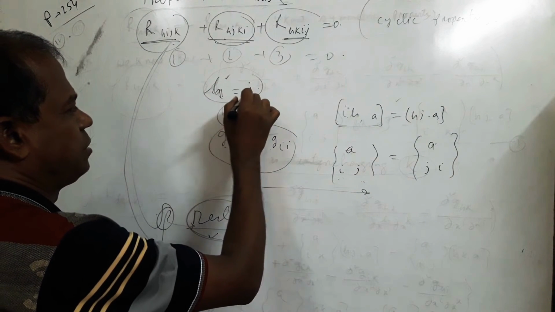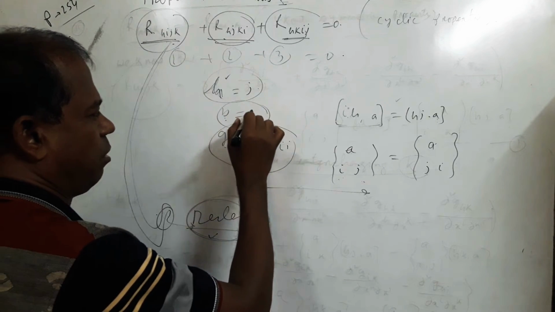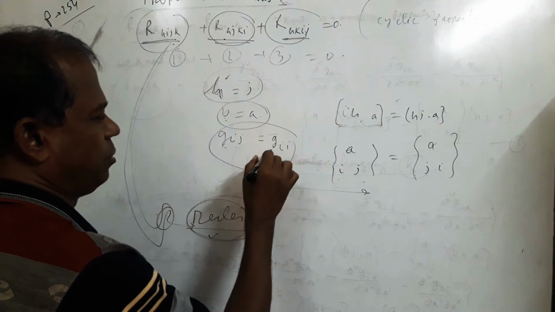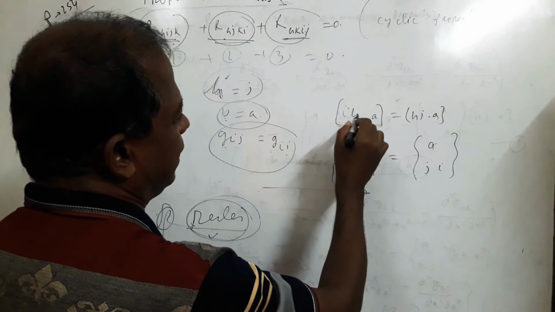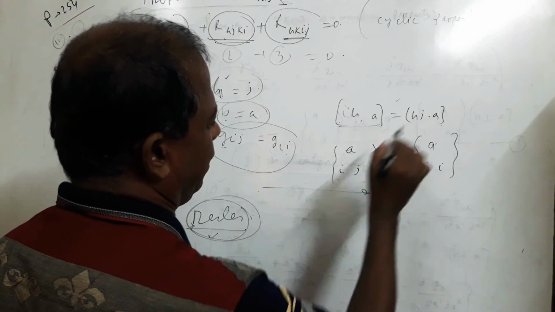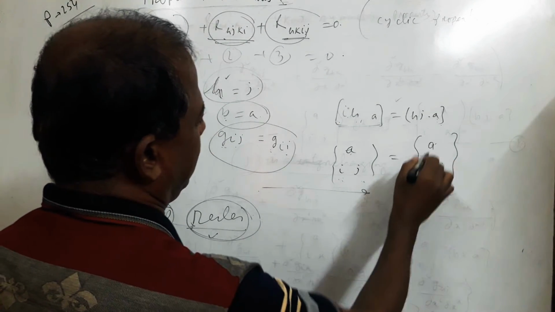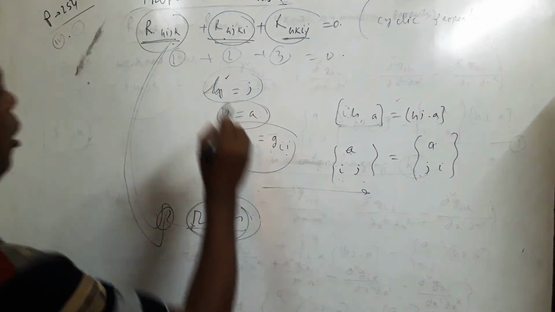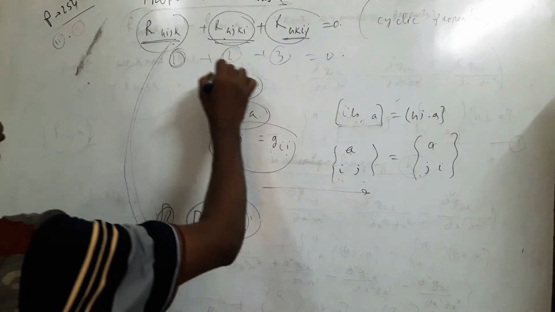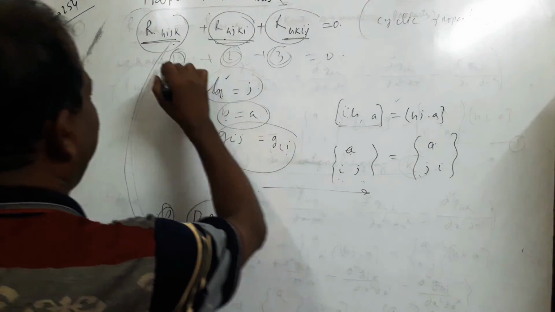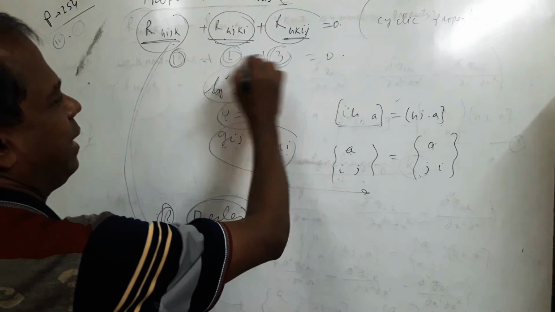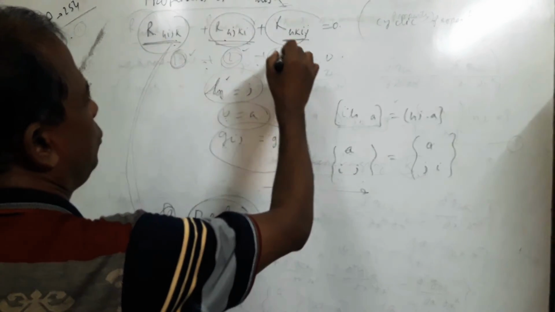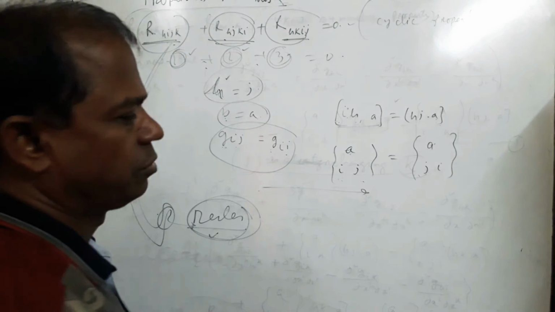Firstly, replacing H is equal to J, then replacing B equal to A and G_IJ equal to G_JI, and A_IJ equal to A_JI, and all of equations 1, 2, 3. Then adding the three equations 1, 2, 3, then it is proved.